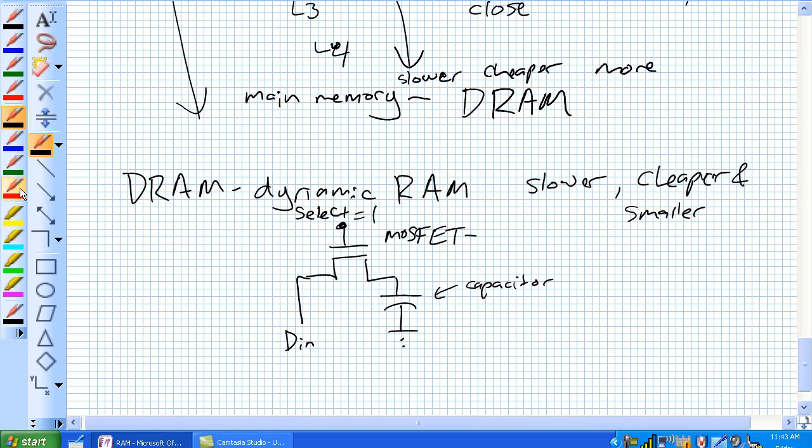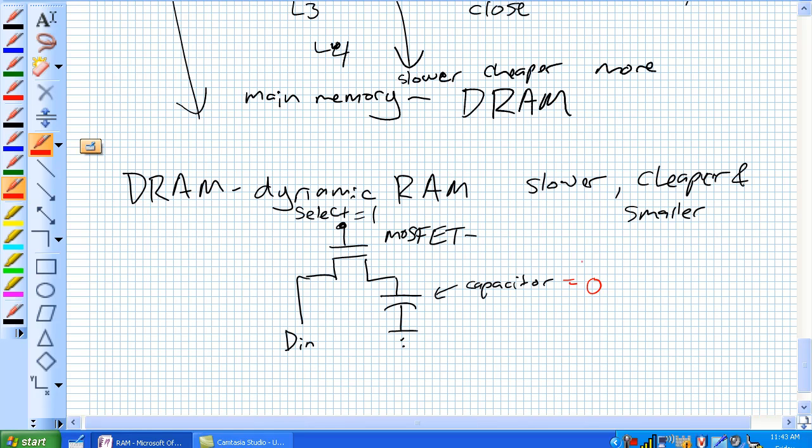Let's say we're going to write a 1. So now this is a conductive path, and the capacitor charges up to our 1. We want to go ahead and write a 0 in it, and there was a 1 in it before. Put a 0 there. We've selected it, and it discharges all the way down to 0.